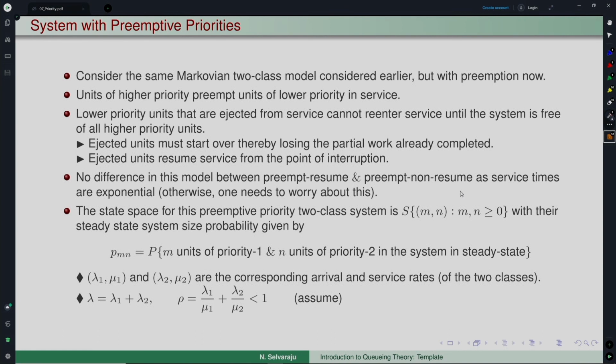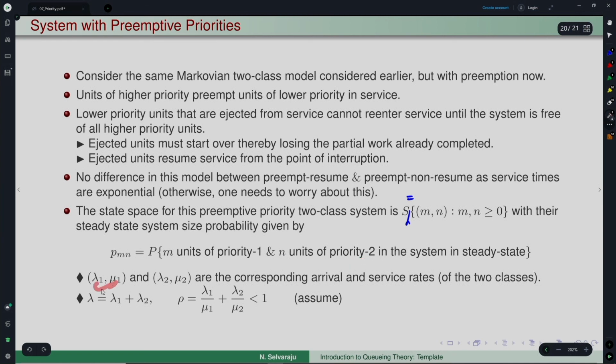Now, the state space of this preemptive priority 2 class system is, yes, there is an equality symbol missing here. The state space is now given by this (m,n), m,n greater than or equal to 0, with their steady state system size probability defined by Pmn, where m is the number of units of priority 1 and n is the number of units of priority 2 in the system in the steady state.